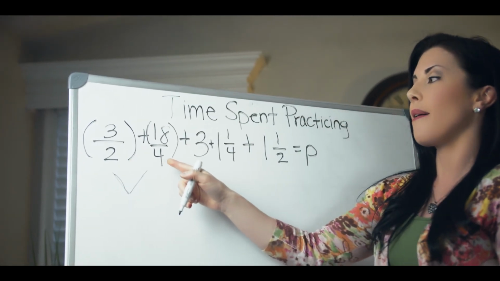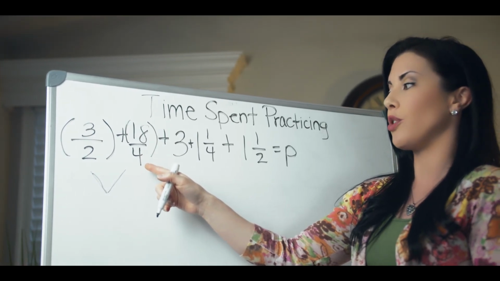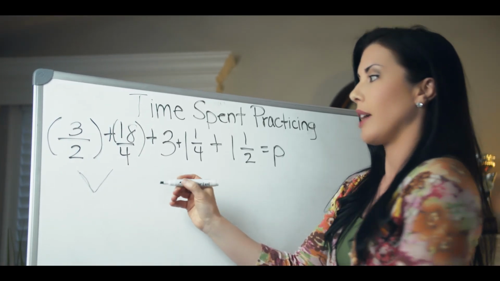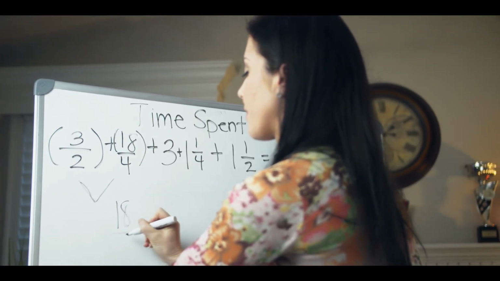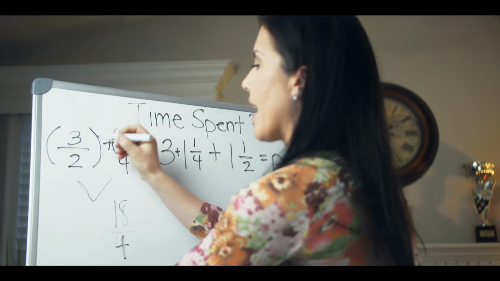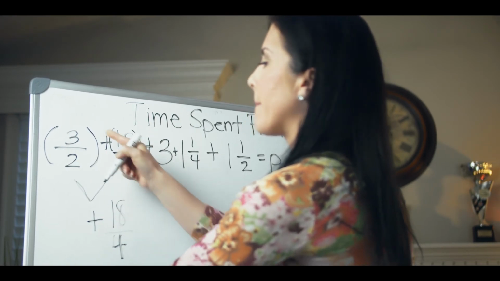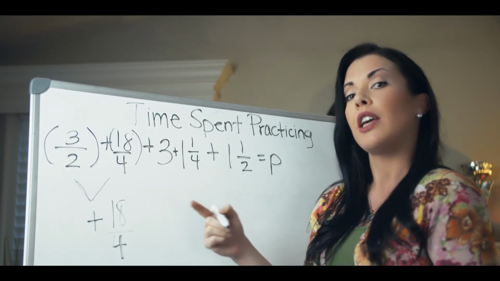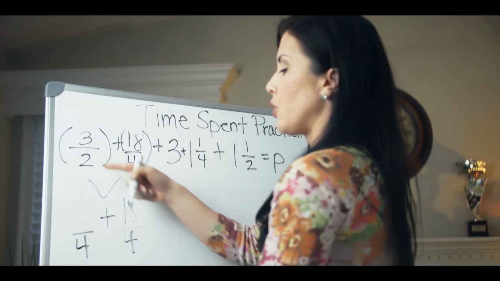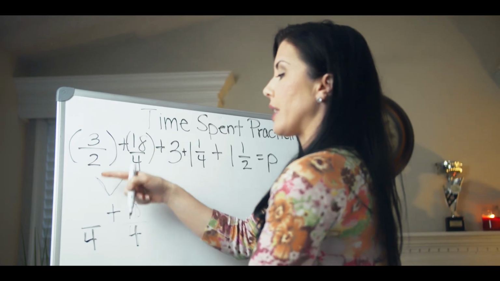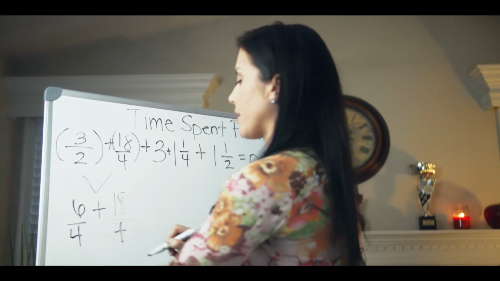I can make common denominators using 4. So I'm gonna stick with my 18/4. And I'm going to change my 3/2 into an equivalent fraction using 4ths. So 2 times 2 is 4, so 3 times 2 is 6.